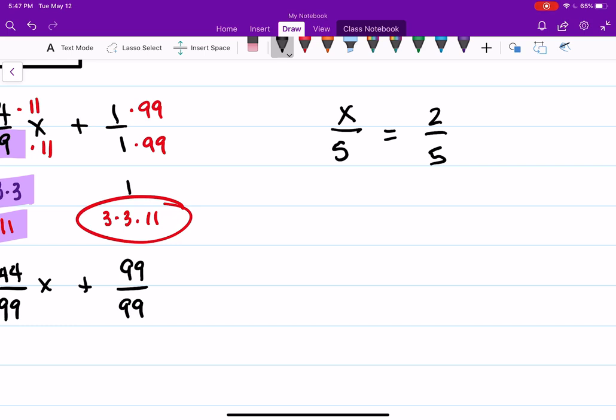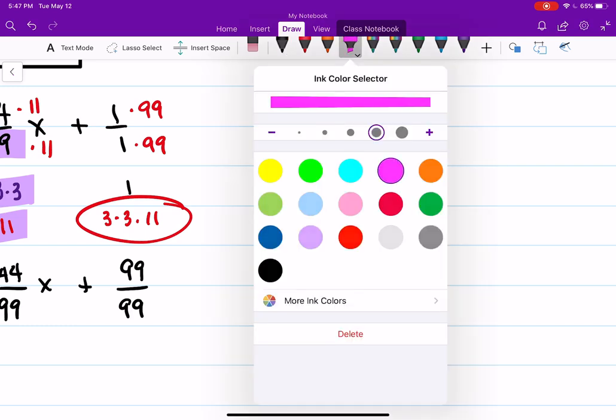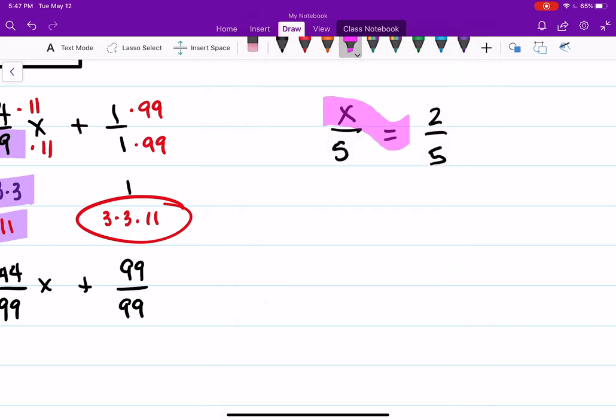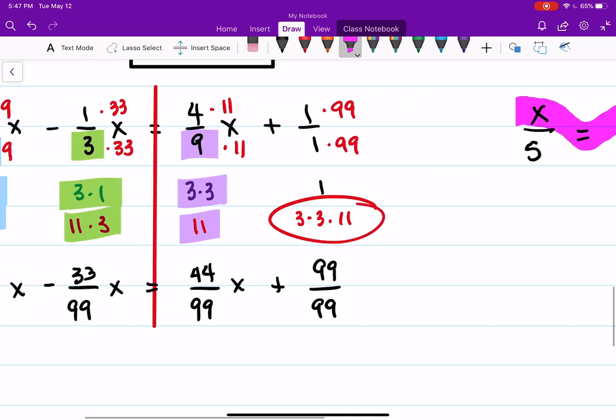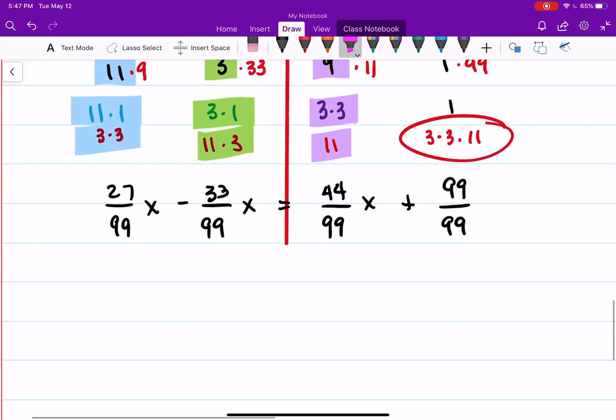Because the denominators are the same. What you did was you looked at this piece right here, and you told me that x is equal to 2. Well, same idea works here as well. Since I got all the denominators to be the same, here is the equation I can write.